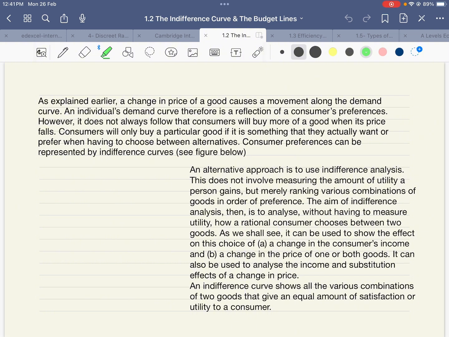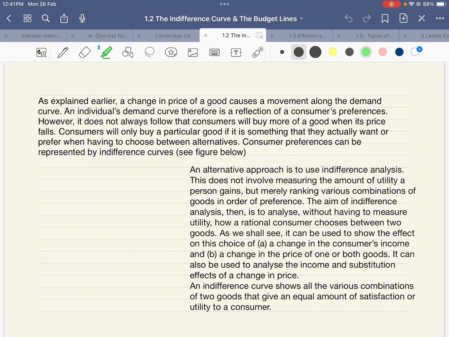This is an alternate approach to analyze how much the consumer is going to consume when the price falls and the kind of utility that they derive out of consuming several bundles of choices when they are given choices.